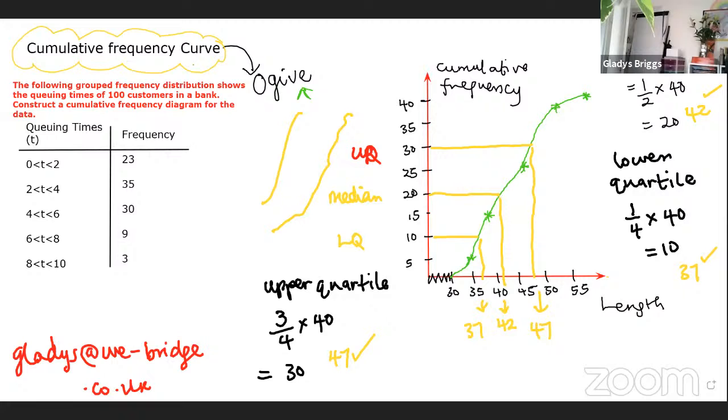Well done. Let's share that one. I know it's not graph paper, but once you have your graph paper, you'll be able to do it right.